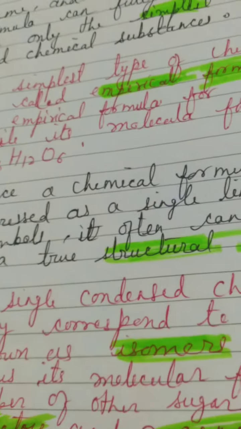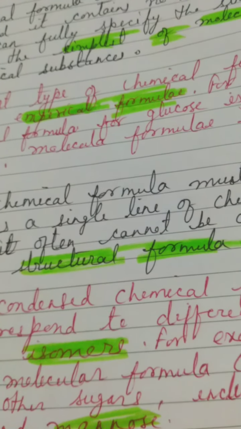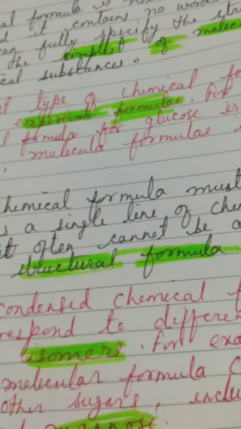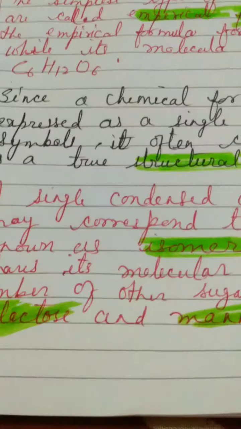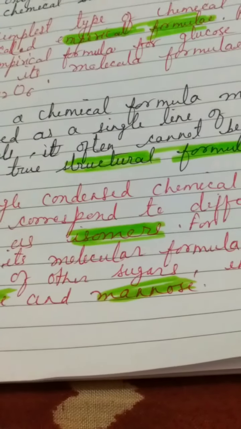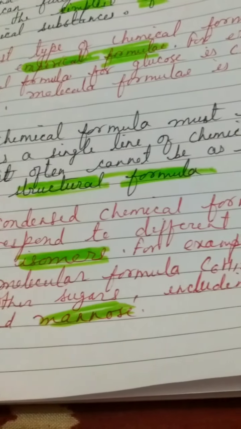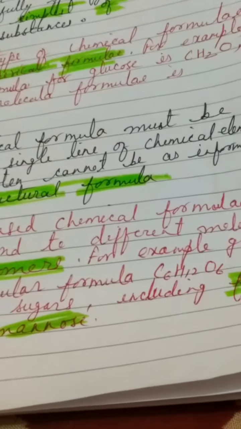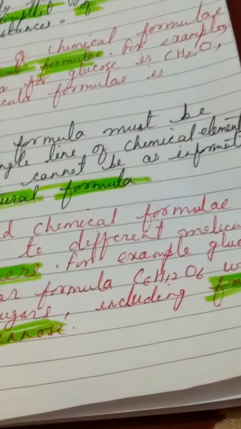Just by knowing the chemical formula we cannot understand what the bonds are, or how the atoms are arranged inside the chemical compound. Just by writing a chemical formula we may not get the right information about the compound. Let me give you an example of glucose.